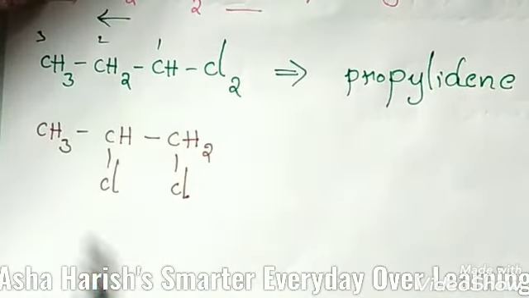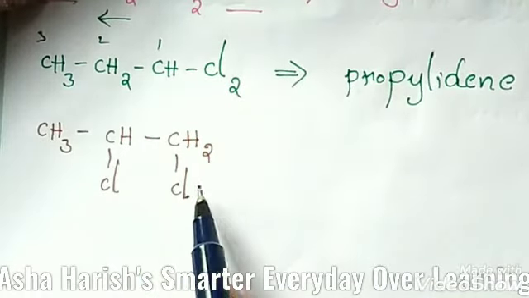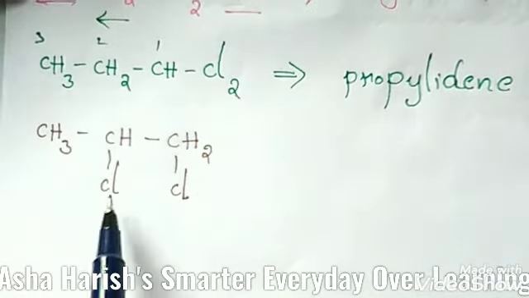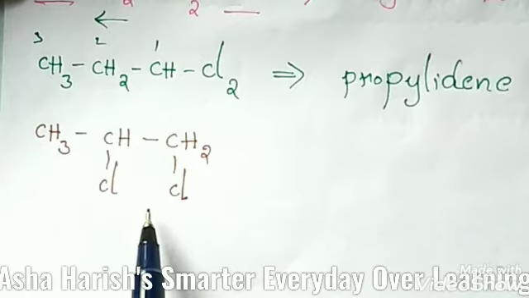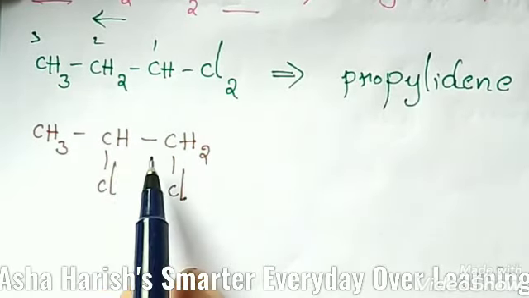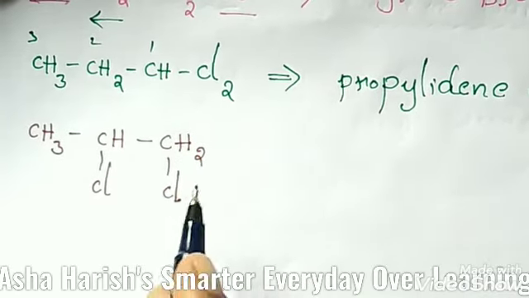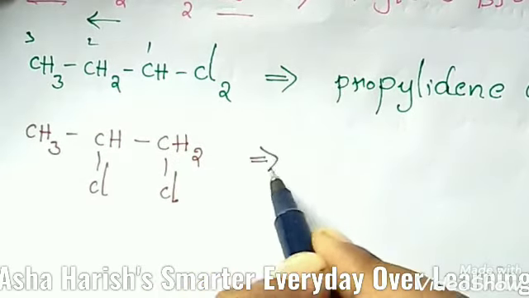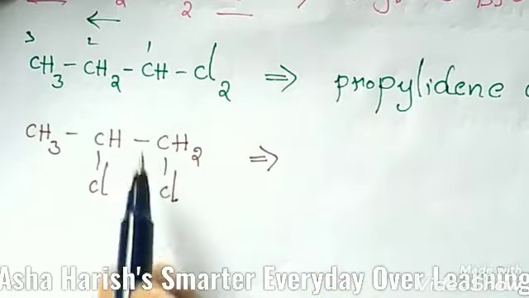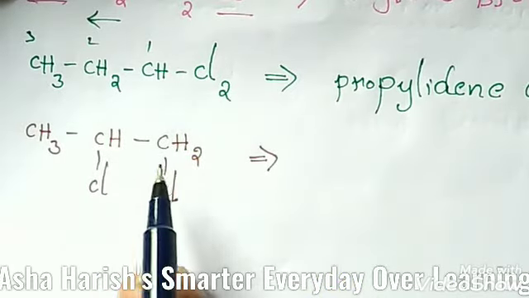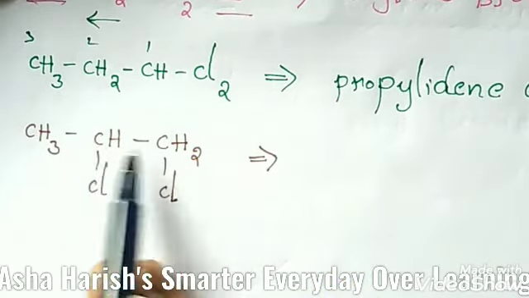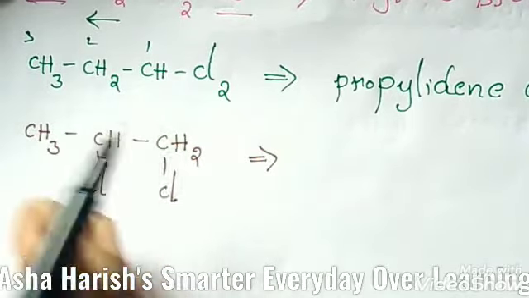If you see this example, CH3, CHCl, CH2Cl. Here students, you can see two halogen atoms are attached to two different carbon atoms. So according to alkylene dihalides definition, the dihalogen derivatives of alkanes in which two halogen atoms are attached to two adjacent carbon atoms of carbon chain.